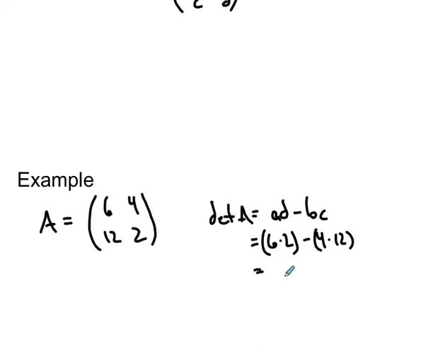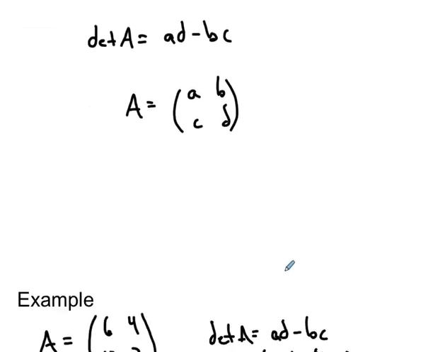Pretty simple. All we have to do is compute this. So this is going to be 12 minus 48, which gives me negative 36. This may or may not be the best first example to show you because it's a weird big number. A lot of times you'll find determinants are smaller, especially in this class. But this is just to show you that this, in fact, is a determinant, and we can have negative numbers.